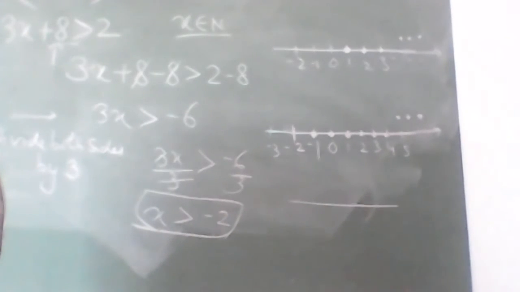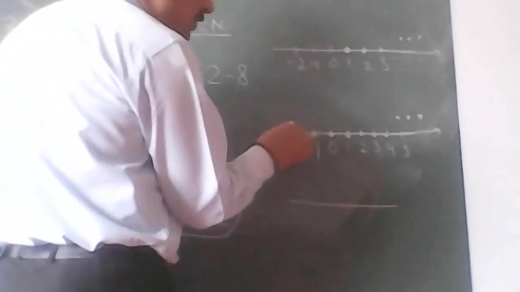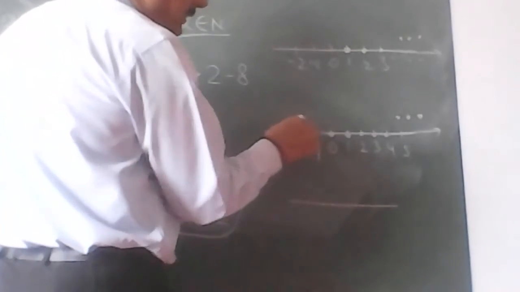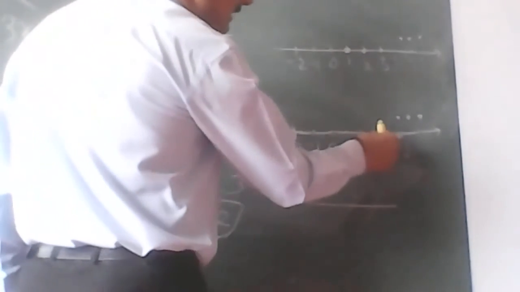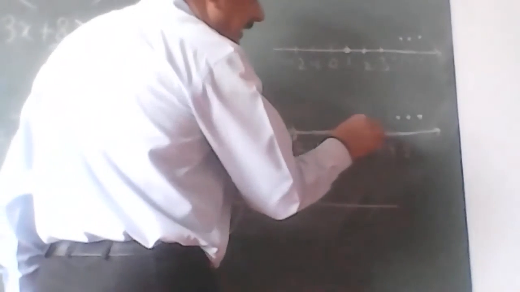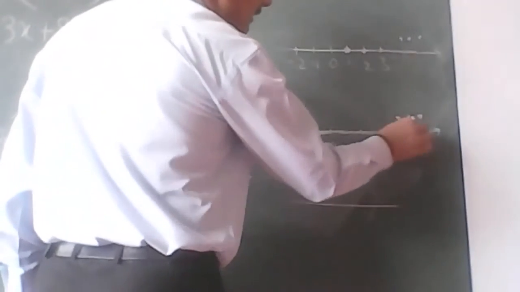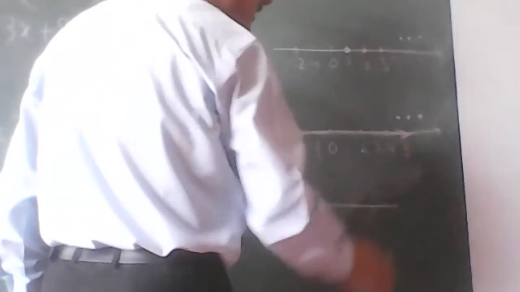Now, if this thing is on a real number system, next part, if it is a real number system, then instead of showing it like this, you would show an empty circle here and a dark line. Do not encircle these. It would be a dark line like this with an arrow sign and 3 dots here.